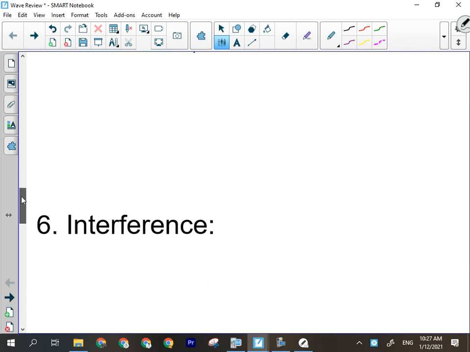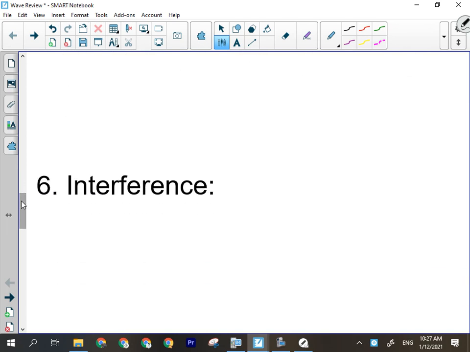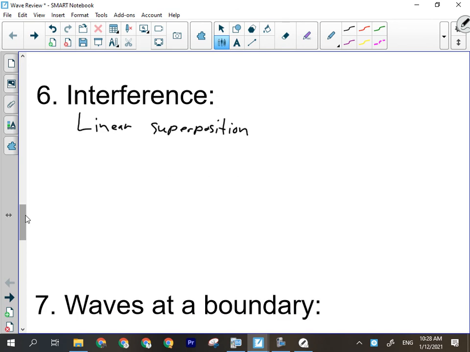We learned about interference as well. That's going to be more diagrammatical. But we do have to remember that interference is governed by the principle of linear superposition. Right, and I told you that the way I'm going to test this is I might do this.